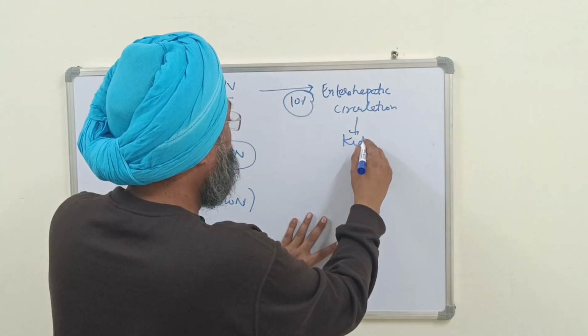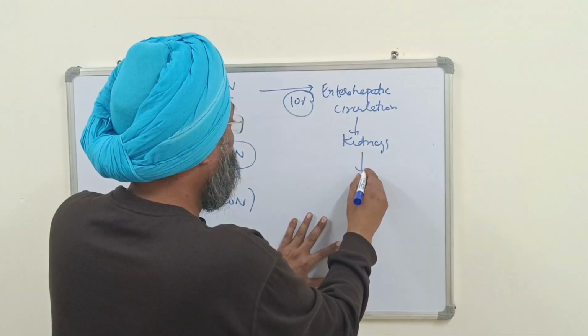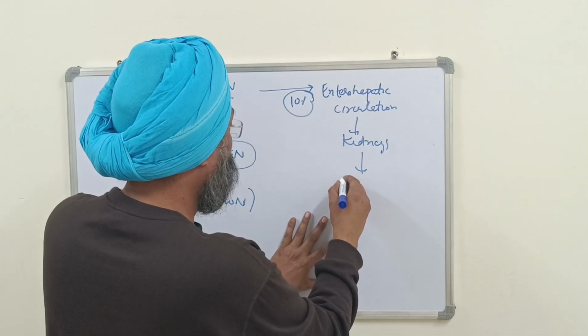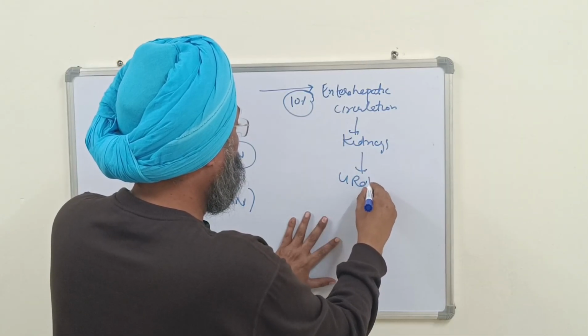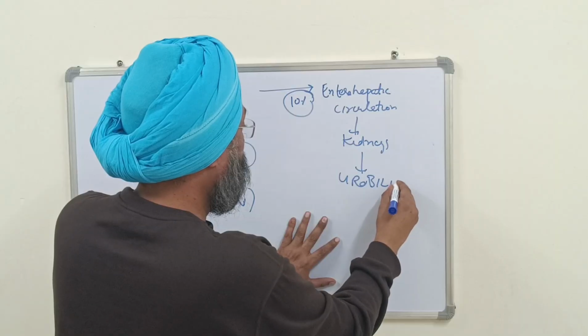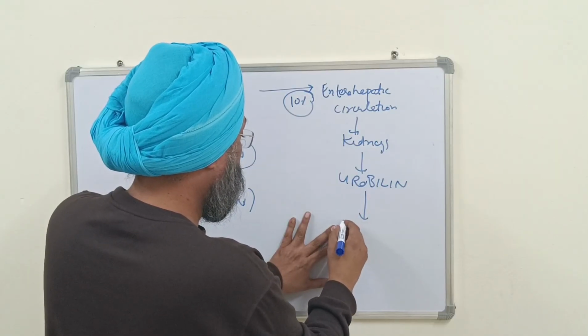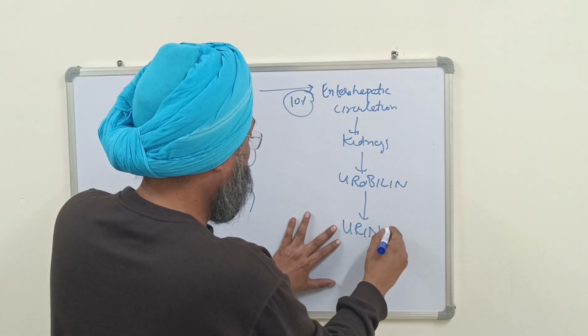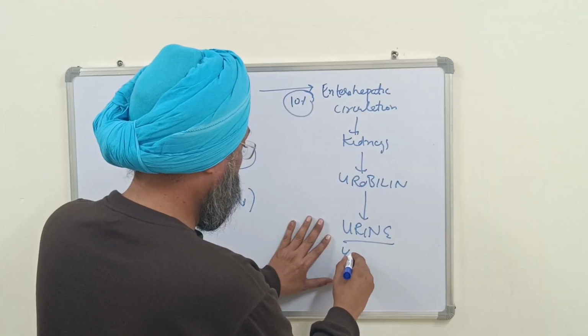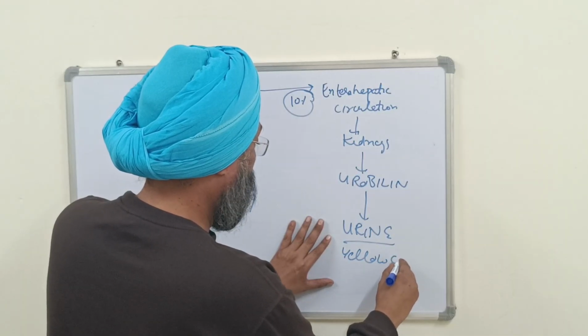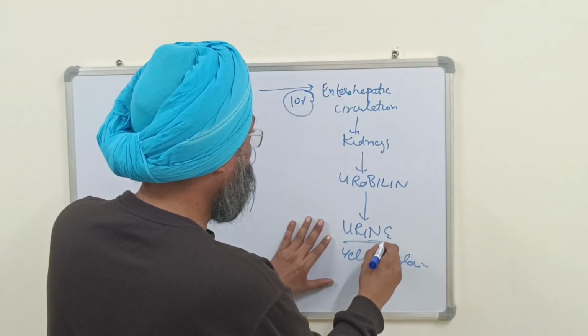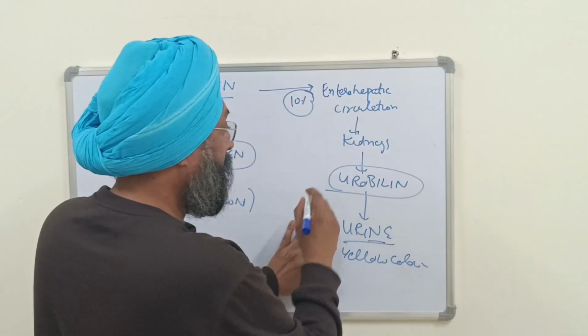From the kidneys, it is converted to urobilin, and it is further excreted into urine. The yellow color of urine is due to this urobilin.